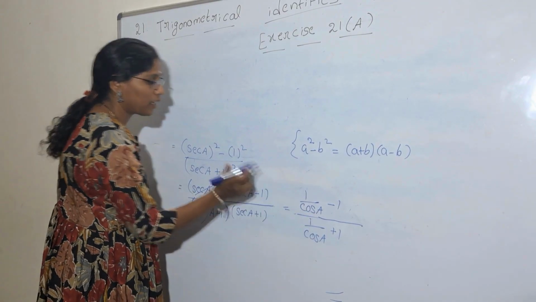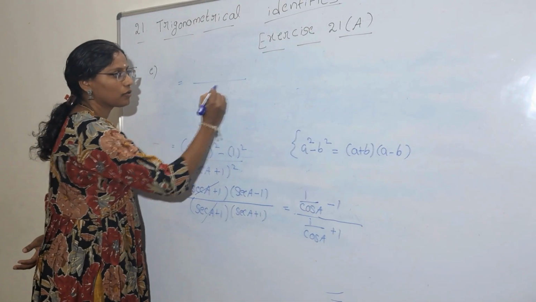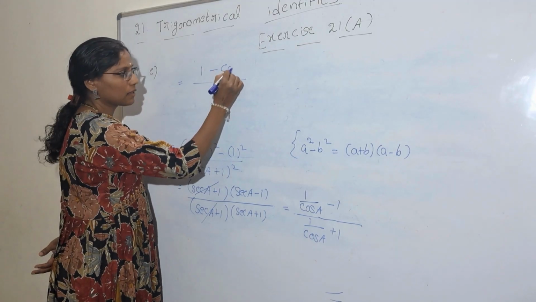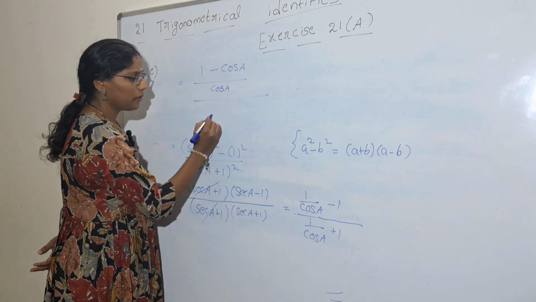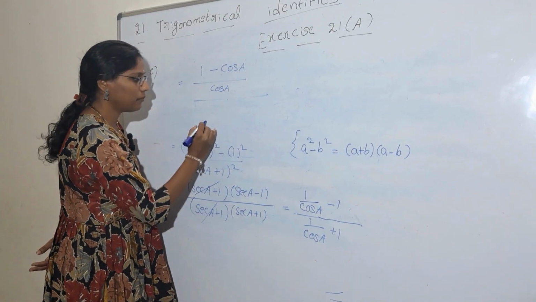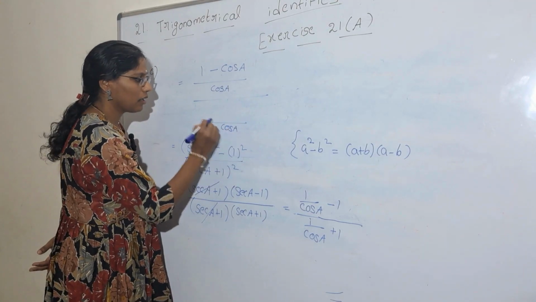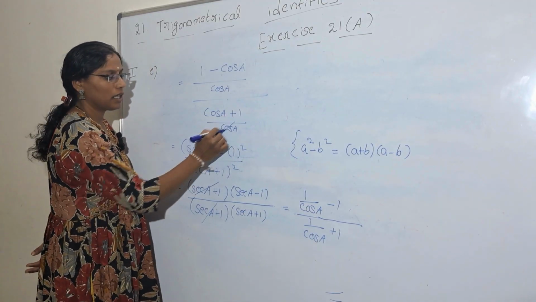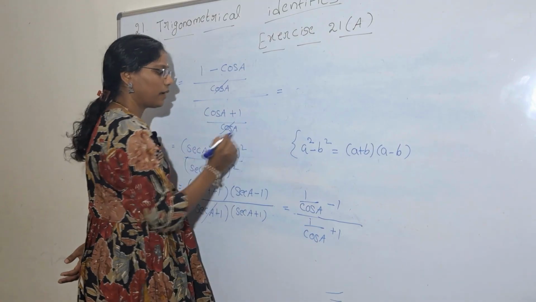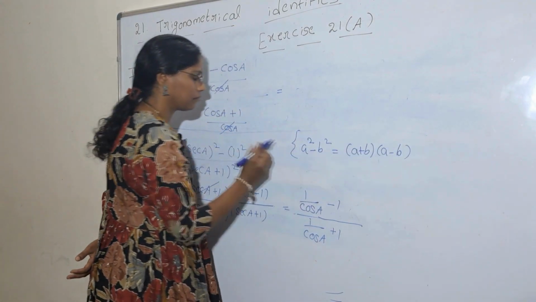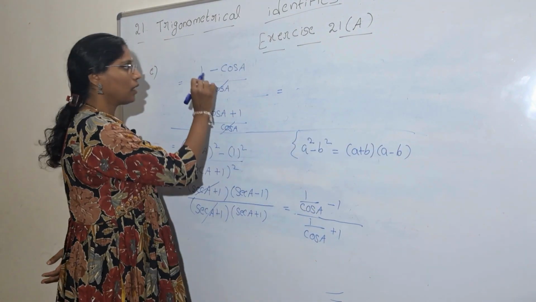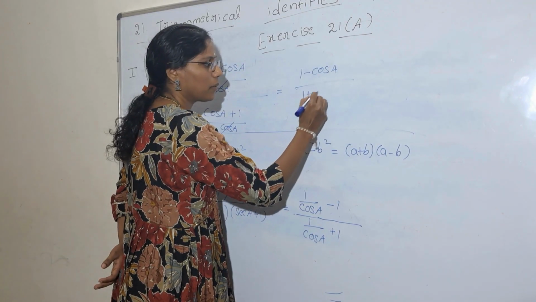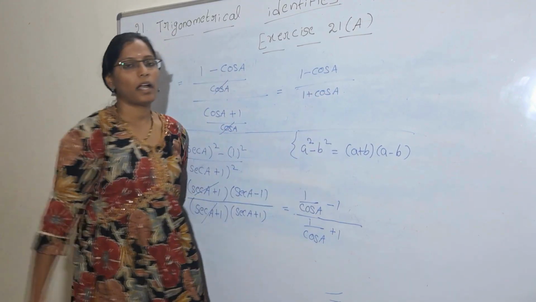Cos A, here 1 minus cos A by, here denominator LCM cos A, here cos A plus 1. Here denominator cancel, remaining 1 minus cos A by 1 plus cos A. Hence, proved.